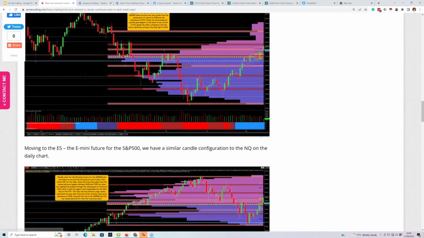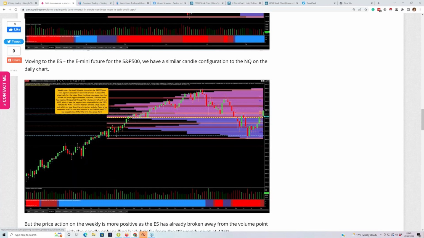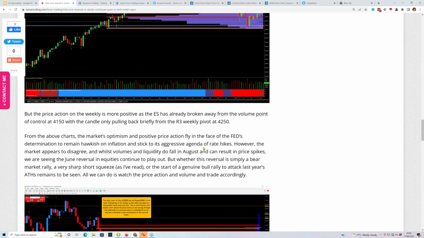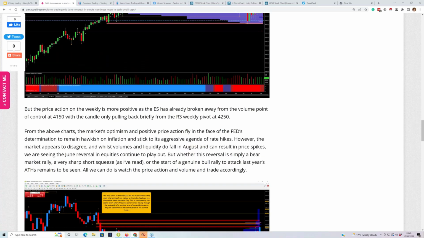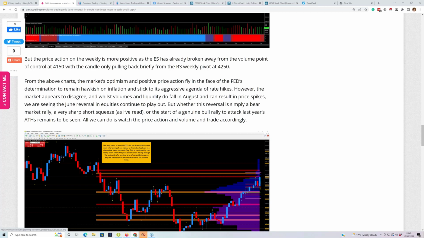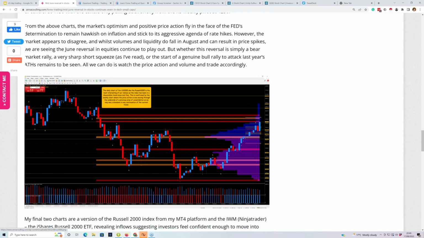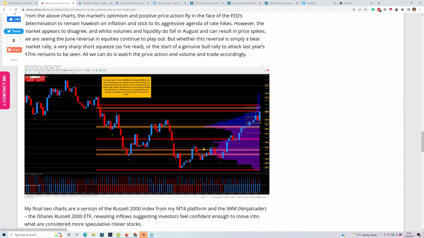Then I go on to the ES, which is obviously the E-mini future for the S&P 500. And then I move on to what I call the US 2000 from my MT4 platform, which we'll have a look at in a minute, because this has actually been in a tremendous uptrend.